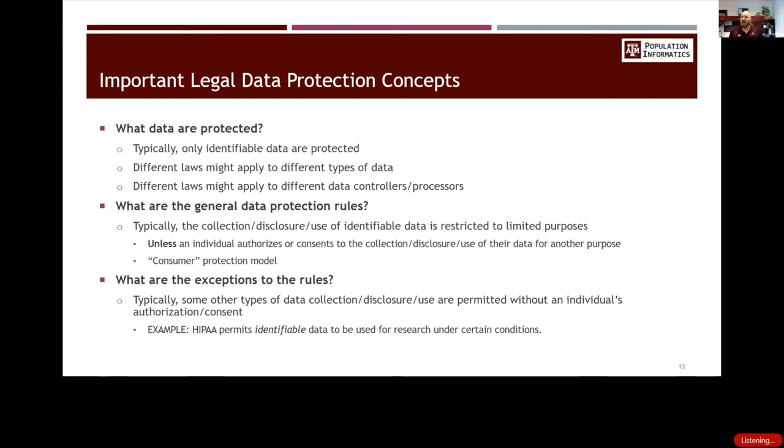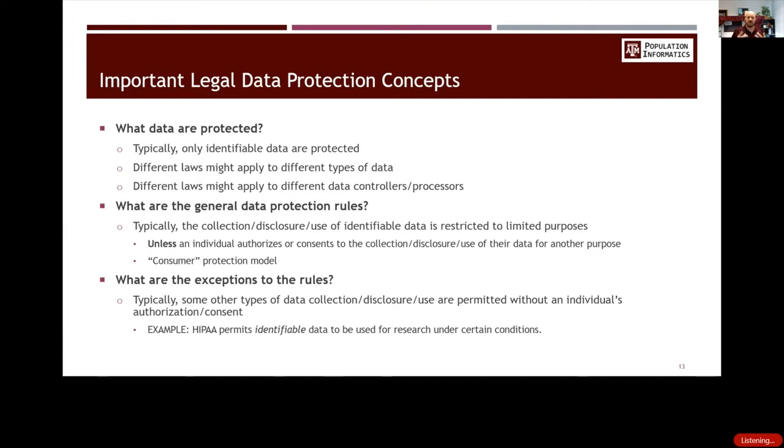Also, different laws might apply to different controllers or processors of information. So if you are in a different economic sector, you're doing different types of activities, a different law might apply to you. So many US data protection laws will have a general rule. And that general rule for data protection laws is that the collection, disclosure, or use of this identifiable data, because it's usually identifiable, is going to be restricted to certain limited purposes. And there's often a list of what those limited purposes are.